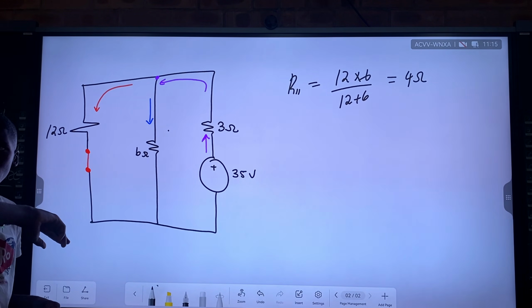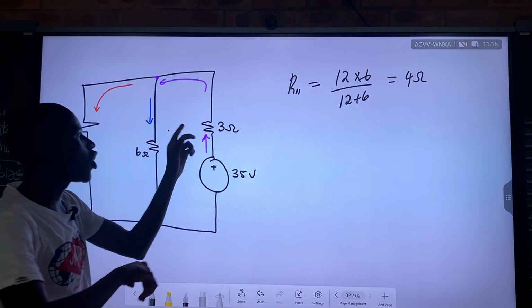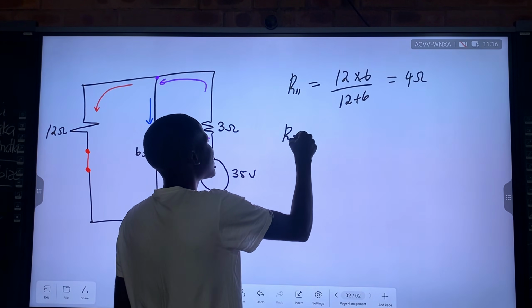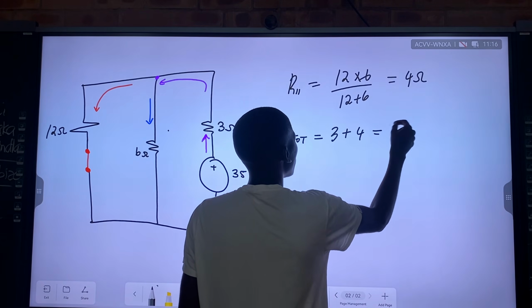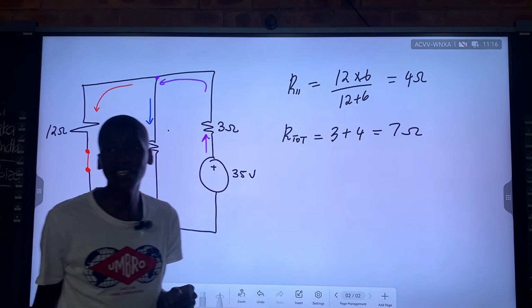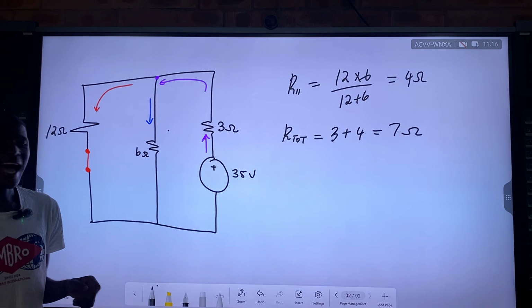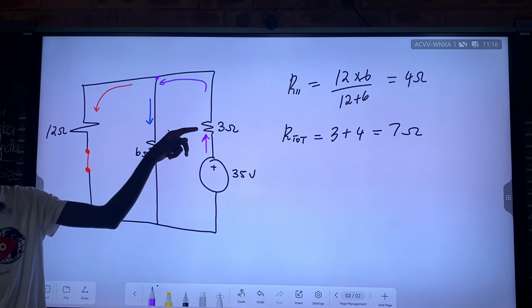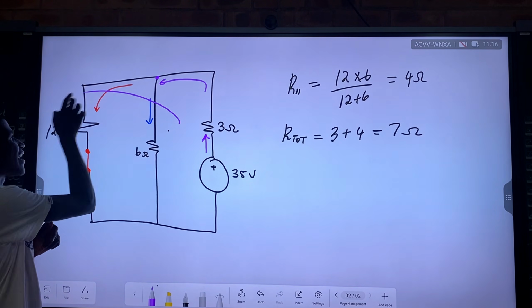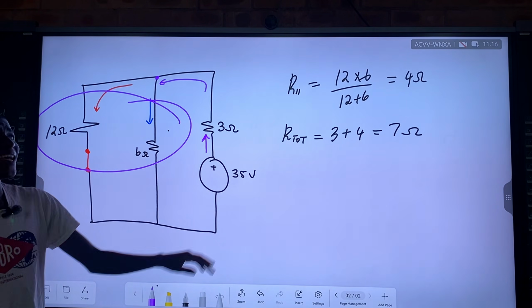Yabonakala leyo nto angisho. All right. So the total resistance lapho is going to be what? 3 plus bani plus 4, which is going to be 7 ohms total resistance. As titega ngisho ukuthi why silokho si-8 or 3 lana? As titega ngisho. Because this one, effective resistance yayo, it is 4 ohms.